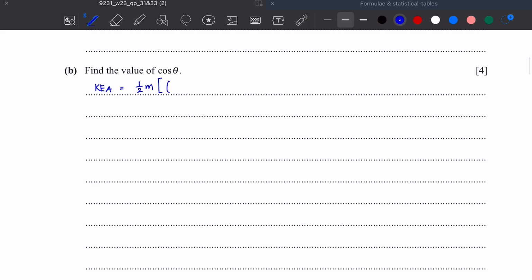So we have the horizontal component squared plus the vertical component, u sine 60, squared.